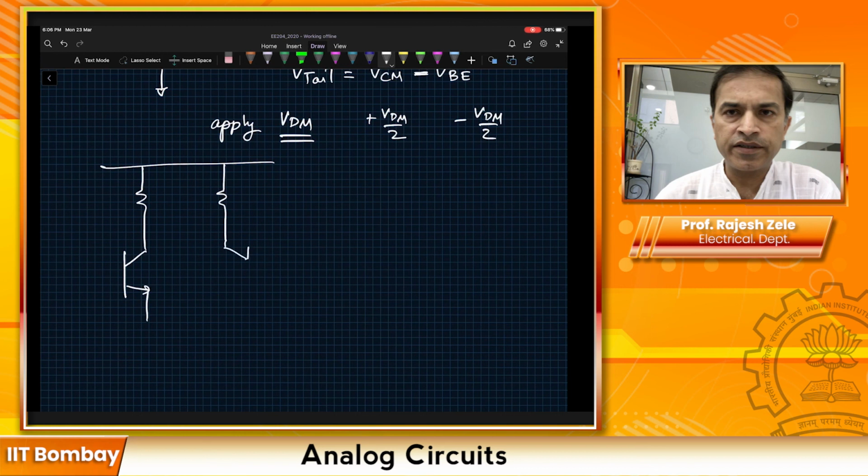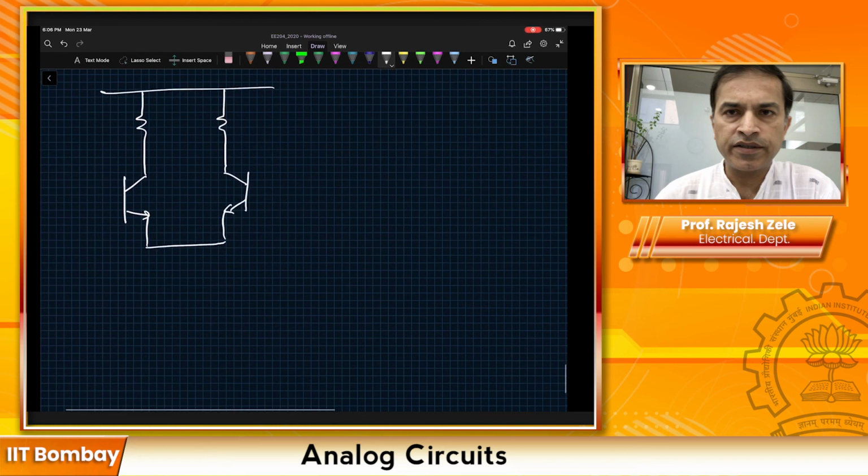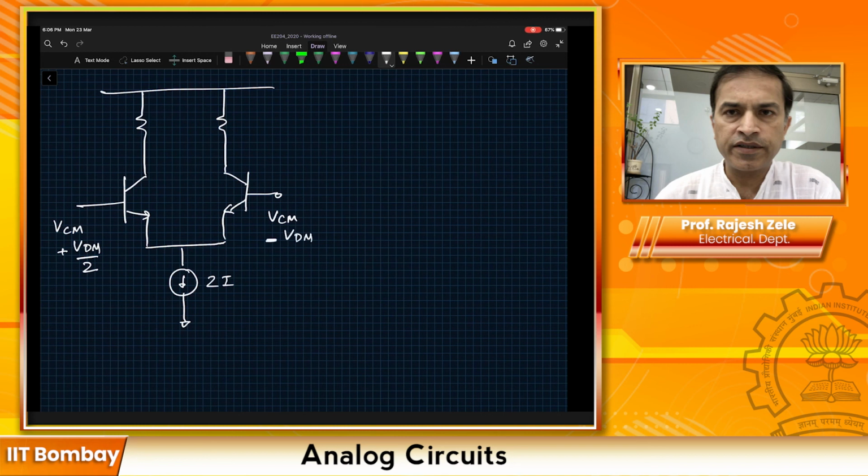I'm intentionally focusing on this circuit quite a lot because it's very important to understand this very well, because this is like the foundation circuit which you will be using in many places. Okay, so in this particular case we would have VCM, and on top of that I'm going to apply VDM divided by 2, and here I'm going to apply minus VDM divided by 2.